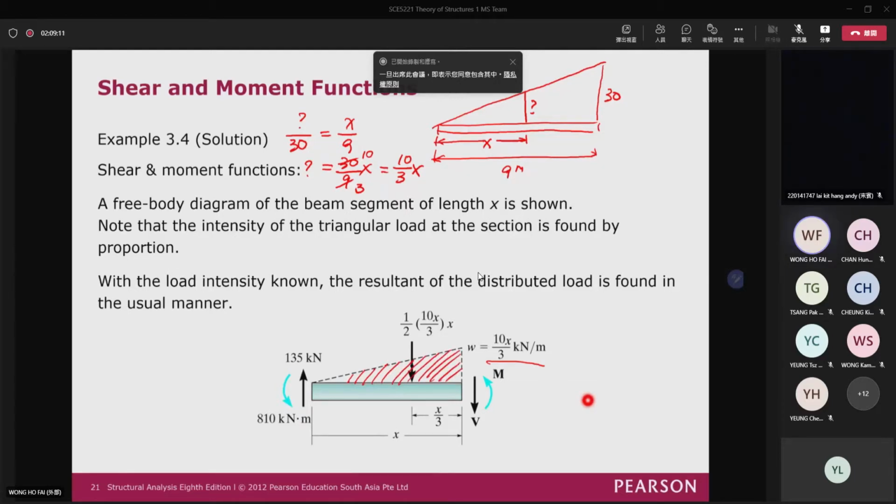The area of this triangle is the base length times the vertical height, divided by 2. And then the total load should act at the centroid of the triangle. So on the left-hand side is 2/3 of the length of the triangle, and on the right-hand side is x divided by 3. So right here, you can see that it is a half times 10x divided by 3, times x.